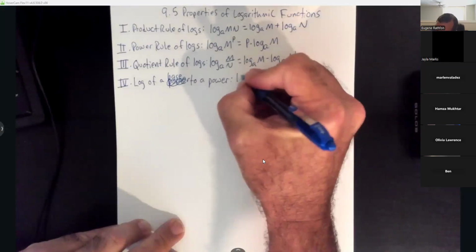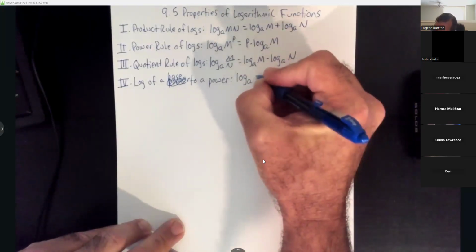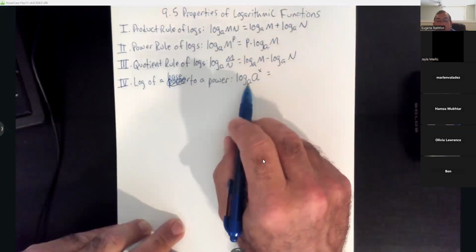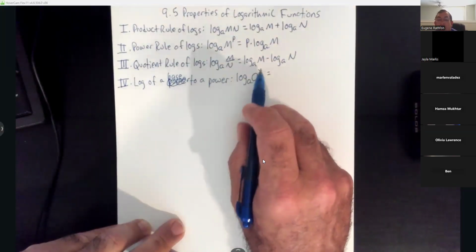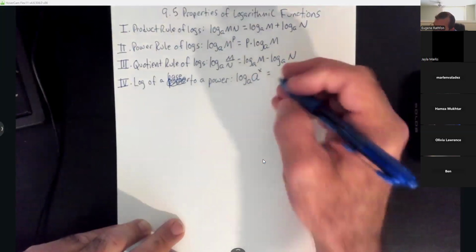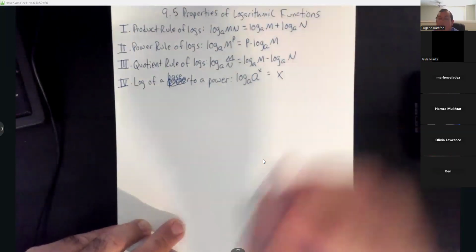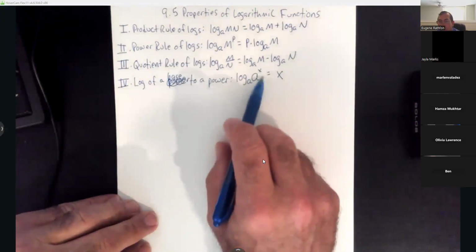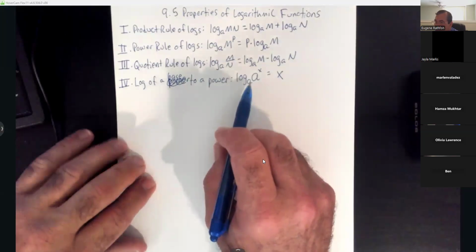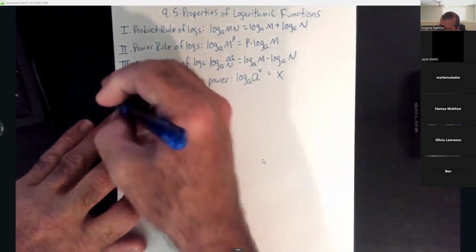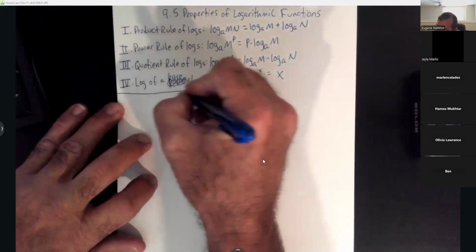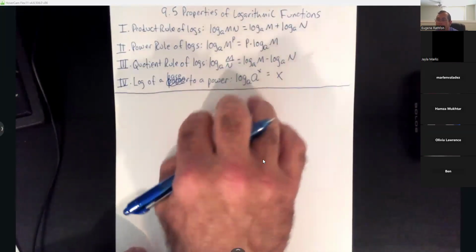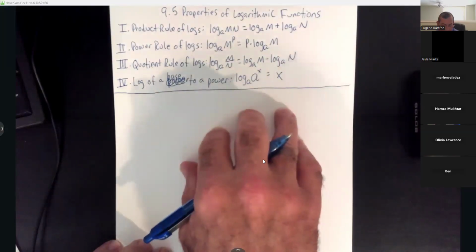We seen this one, log base A of A to the X. Yesterday we said if the base matched the base raised to an exponent, then the answer was that exponent. So we sort of played with them yesterday when y'all was doing the log stuff in 9.4. So those are our properties. And these properties will sort of guide us through doing these problems today.